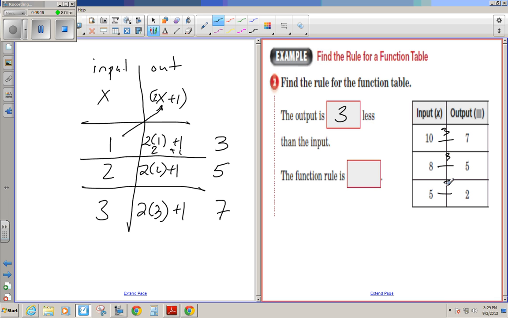Between there, that's 3. So what that tells us is you're going to take the x value. So the rule is you start with x. And how much less is it? Minus 3. So now I could say that what if x was 20? You could say, all right, 20 minus 3, 17. And then in our table, 20 would meet with 17.